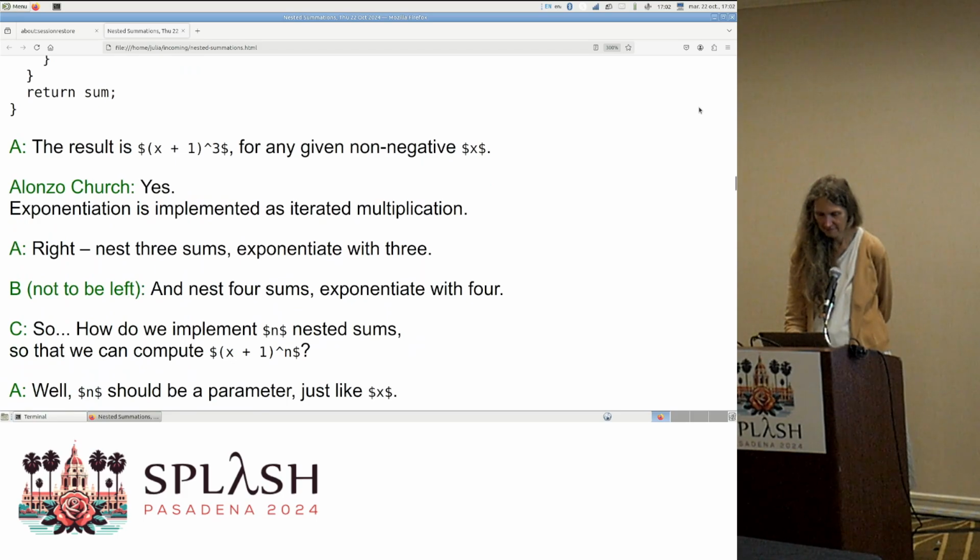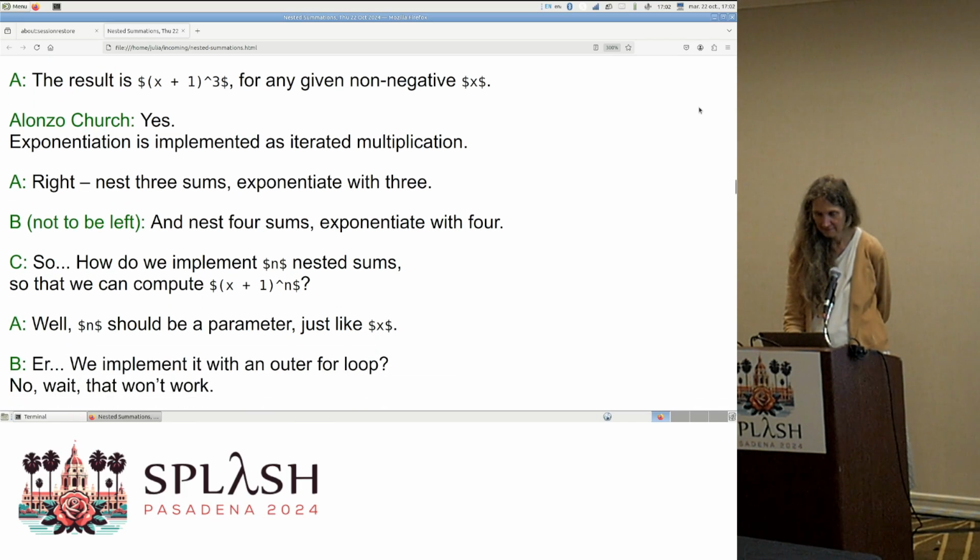So the result is x plus 1 to the power of 3 for any given non-negative x? Yes, exponentiation is implemented as iterated multiplication.